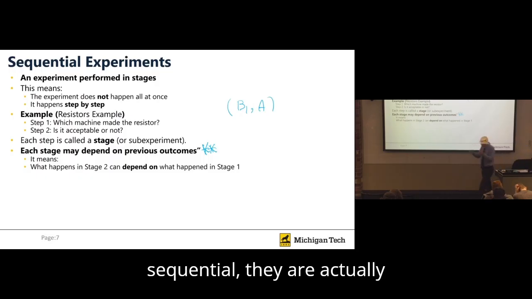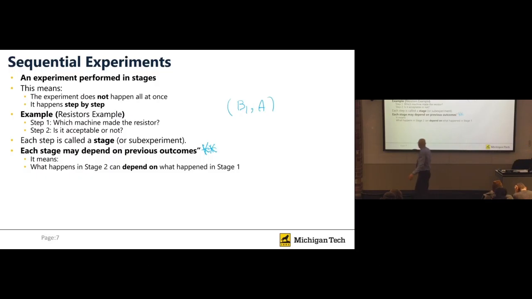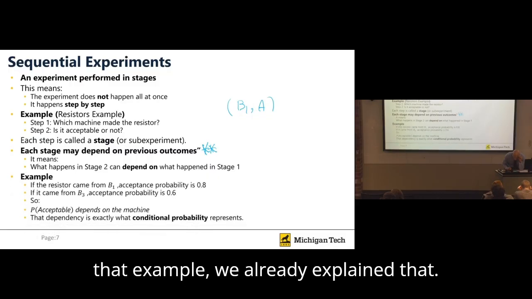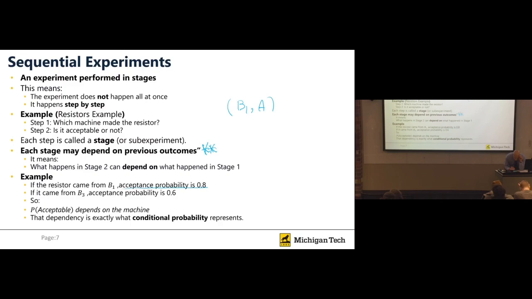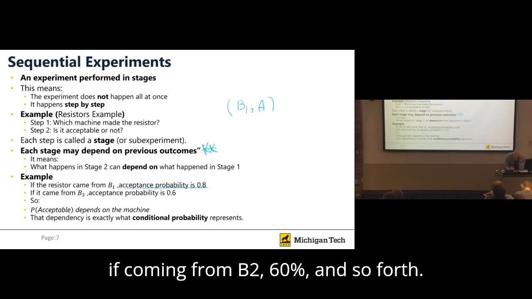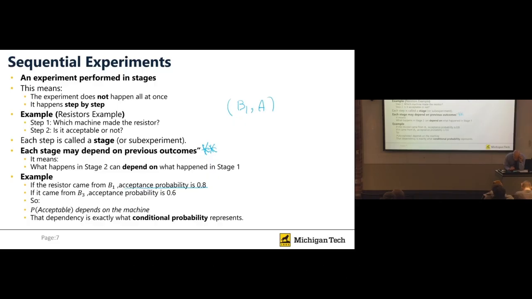It's sequential, so they actually depend on the previous stage. In that example, we already explained that. If the resistor comes from B1, the probability of acceptance is 80%. If coming from B2, 60%, and so forth.